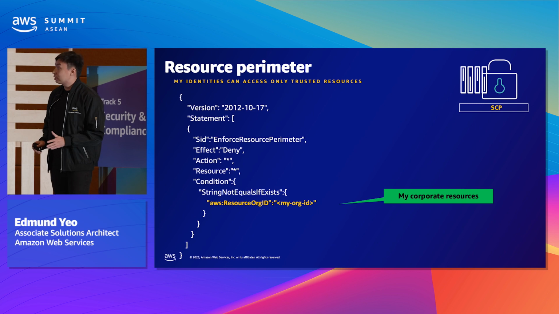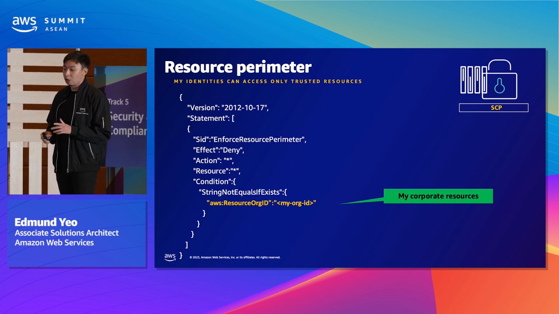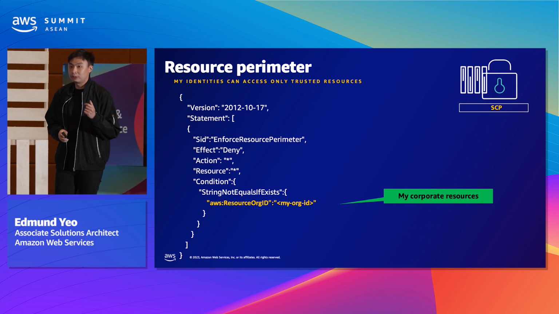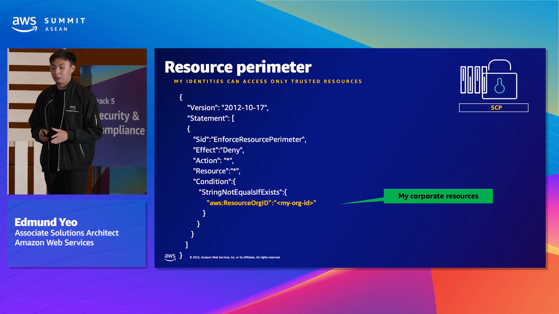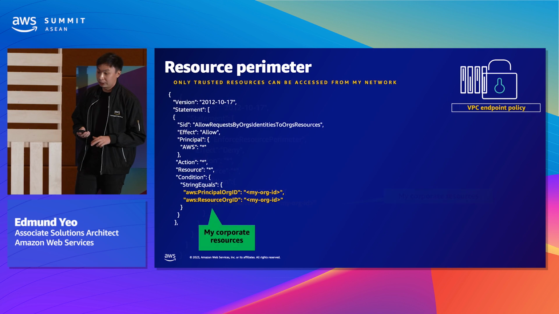In this case, we create an SCP with the condition key of resource org ID with the value of your organization ID. This SCP has an effect of deny that will block any access that does not have the resource org ID. Okay?